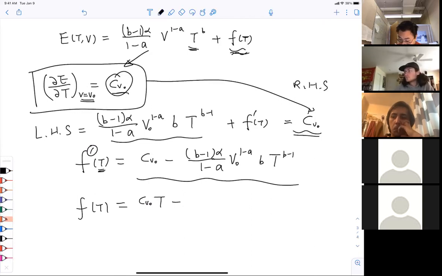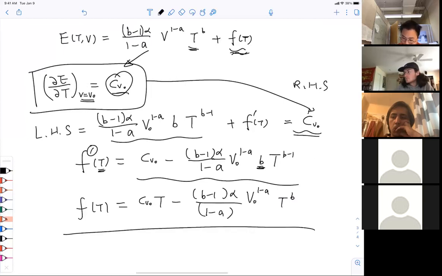How to do this integral? Okay, so it's B of A. This B cancels with this B, something like this. Plus a constant. This constant is a real constant. It's independent of T and V.